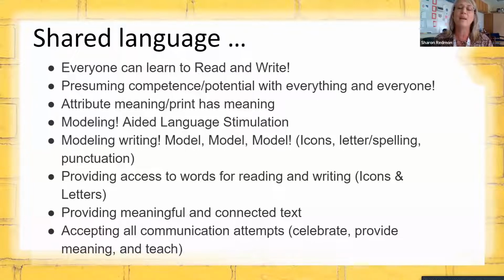We want to provide meaningful activity to connected, rich, authentic text. We need to make sure that if we're looking at our kiddos that are in 8th or 9th grade where they may be emergent learners, emergent AAC users, even emergent readers, that we're not using necessarily Go Dog Go.